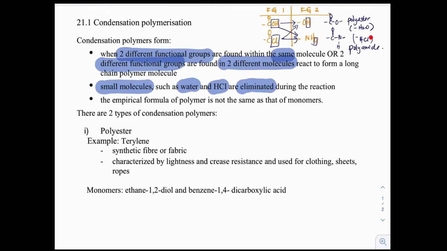During these reactions, the HCl will be removed, but you also get polyamide. Therefore, there are two types of condensation polymers. Either you get polyester, which is the pairing of this to this or this to this, or you will get a polyamide, which is a combination of this with this or this with this.